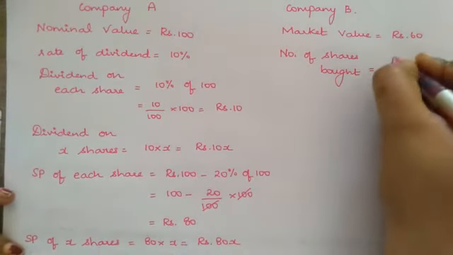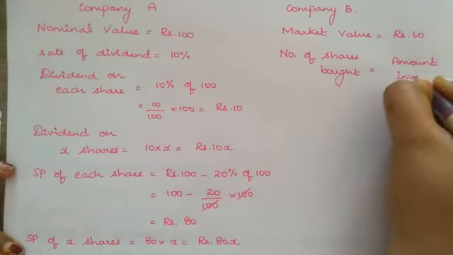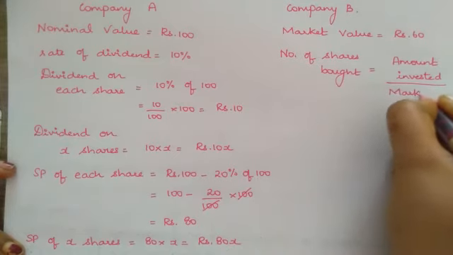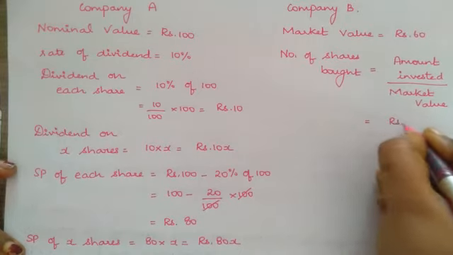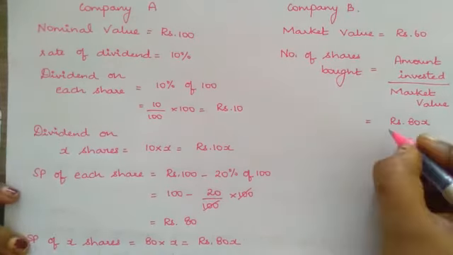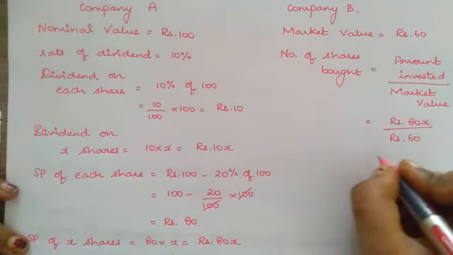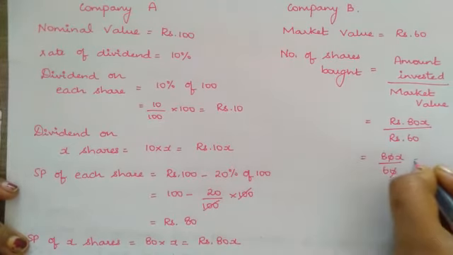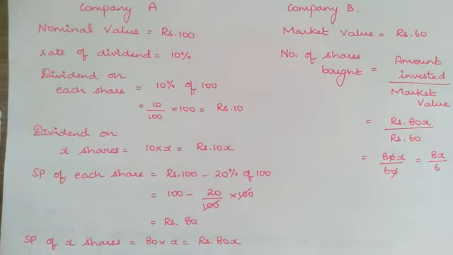That's nothing but the amount invested in the other company. So he has invested rupees 80x in company B. At that time the market value was rupees 60, so it is 80x by 60. He is getting 8x by 6 shares from company B.